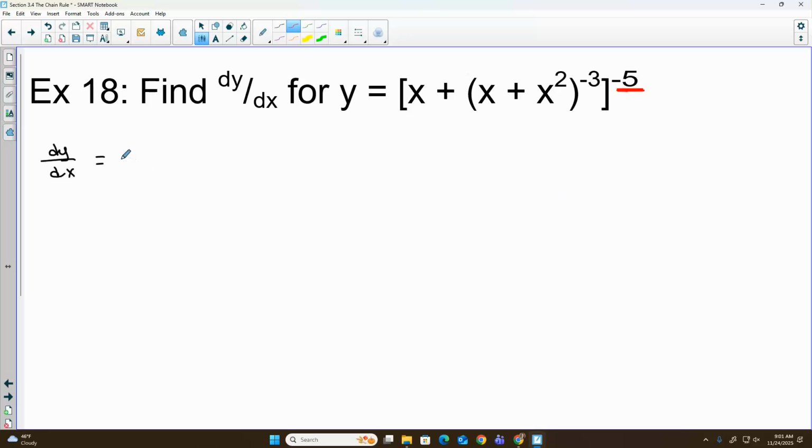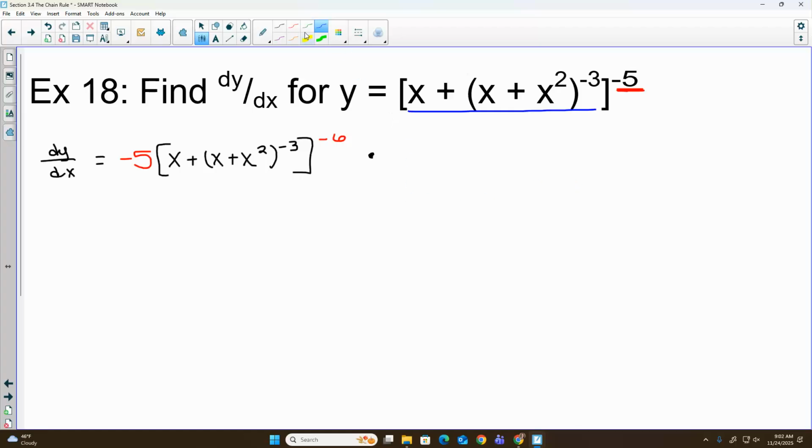So derivative of the outside, the negative 5 comes down. The whole inside stays the same. Subtract 1 from the power, so it's now negative 6. Are we done? No, we don't have just a plain x on the inside. So we keep going. So now we're focused on the derivative of the inside.